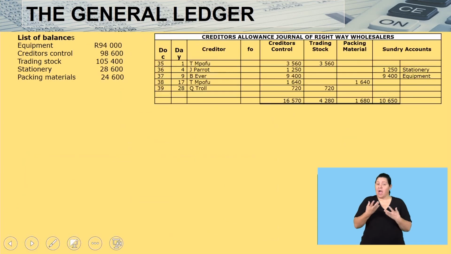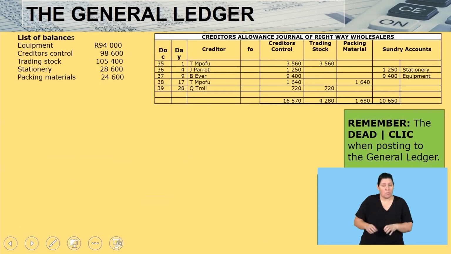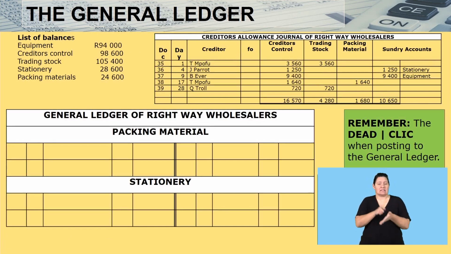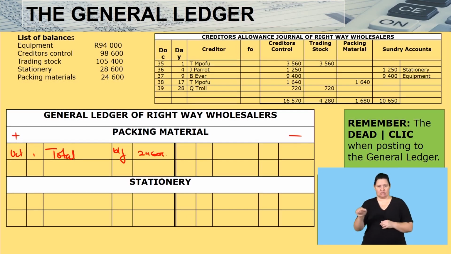Do I have more accounts to post to? Let me see. Yes, I still have my packing materials and my stationery. These are expense accounts. So it increases on the debit and decreases on the credit. Do I have totals for packing materials? On October 1, I have my total brought forward. And my total brought forward is 24,600.